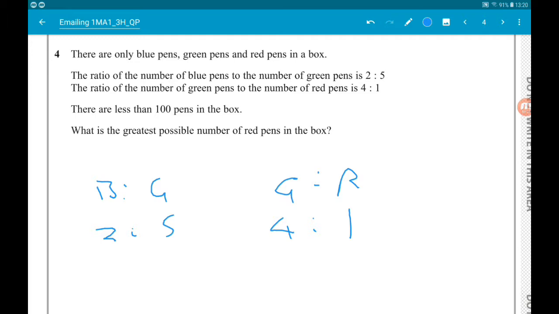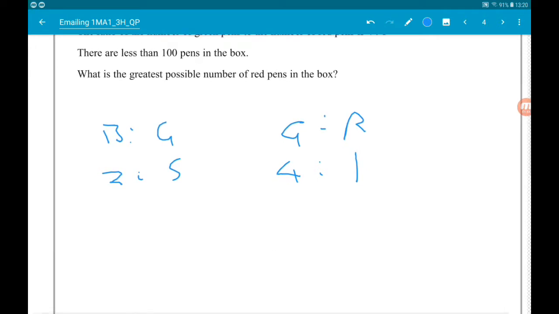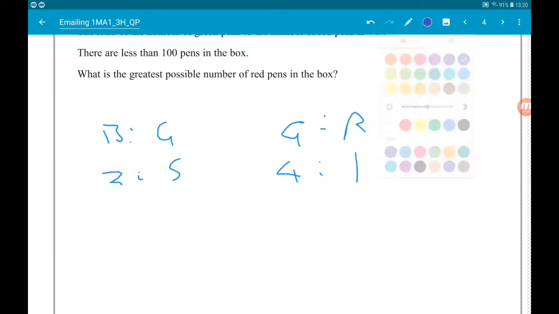glory. So, to combine ratios, and I have a video on this, by now it might even be a playlist, it will be down below. To combine two ratios, you need to turn the common part of both ratios into the same number.